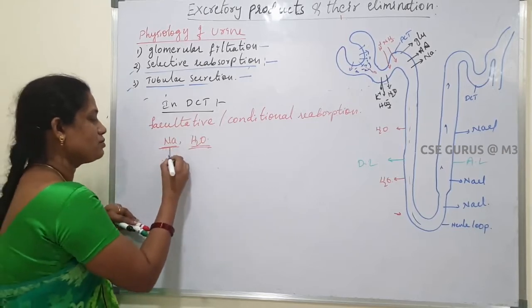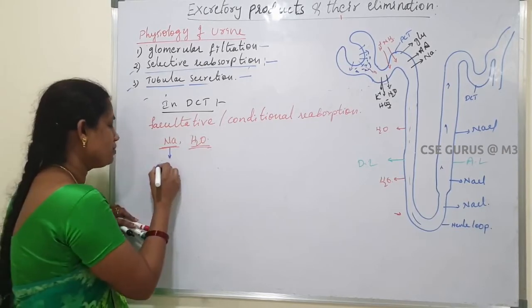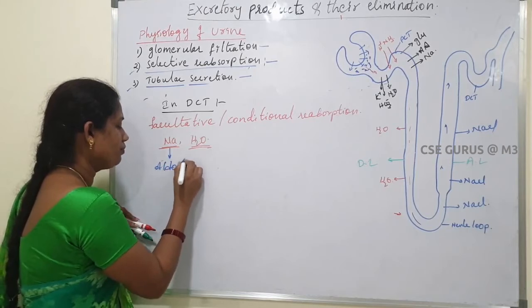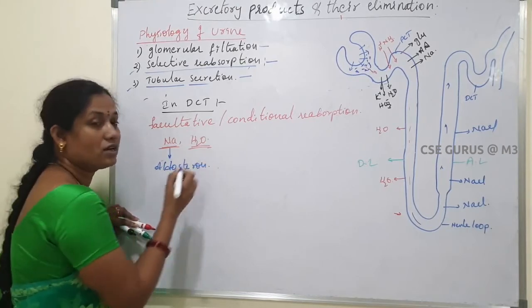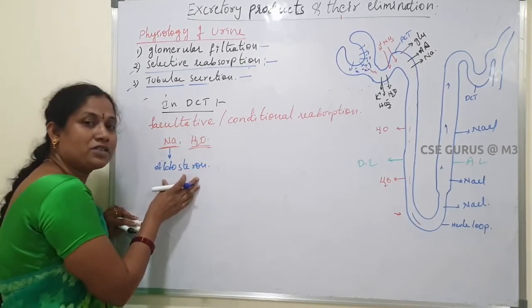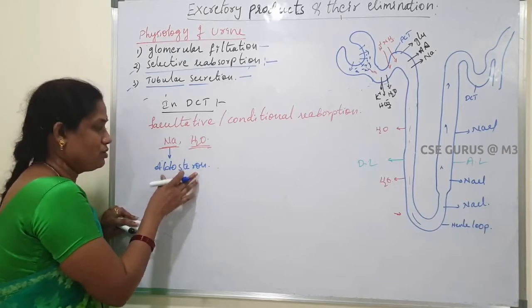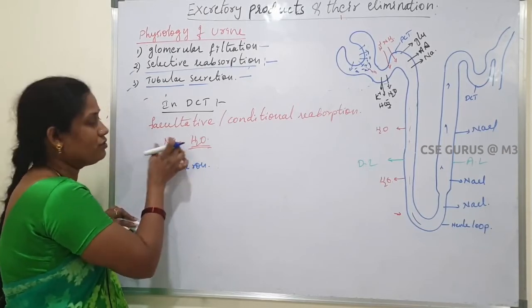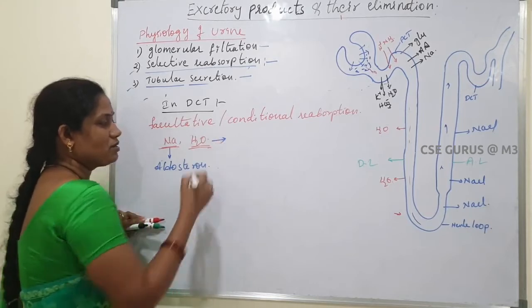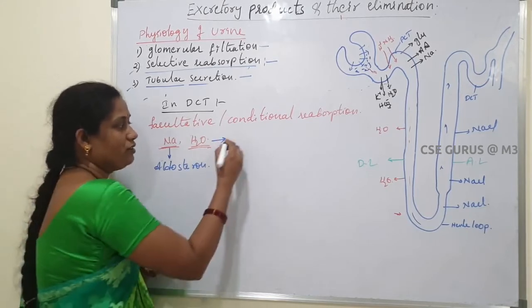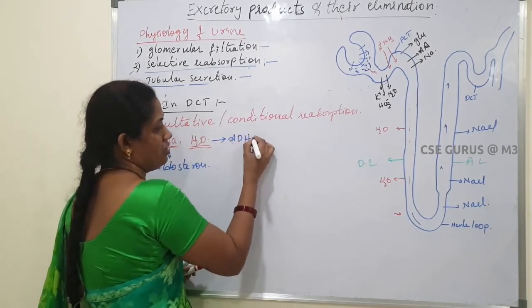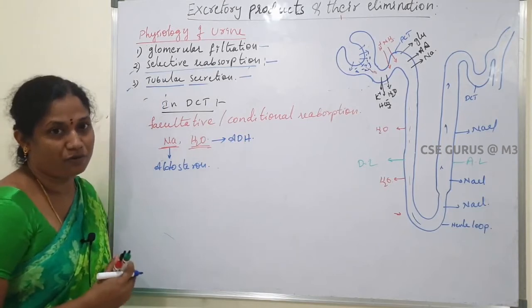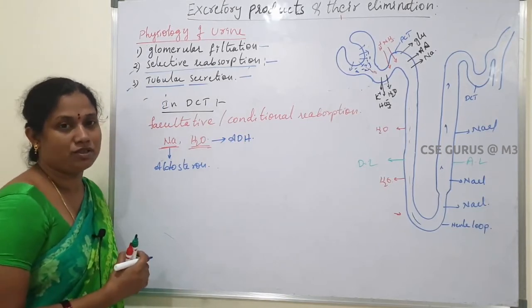Mainly the reabsorption of sodium is influenced by the aldosterone hormone, which is secreted from the adrenal gland. At the same time, water reabsorption is influenced by ADH, antidiuretic hormone, which is secreted from the pituitary gland.